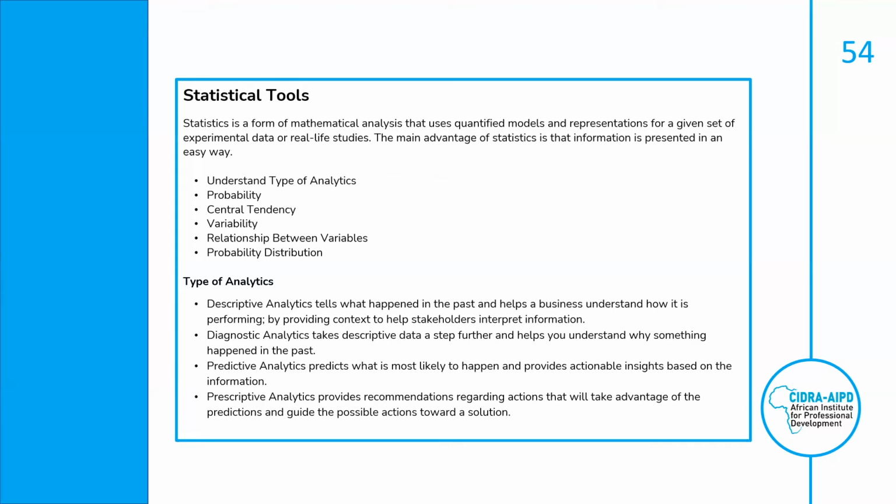Predictive analytics predicts what is most likely to happen and provides actionable insight based on the information. Prescriptive analytics provides recommendations regarding actions that will take advantage of the predictions and guides the possible action toward a solution.